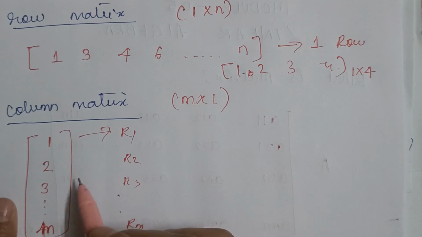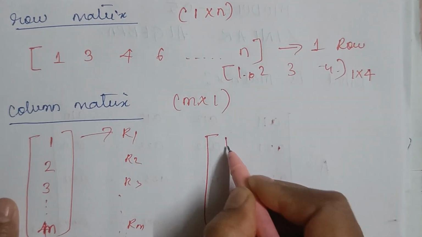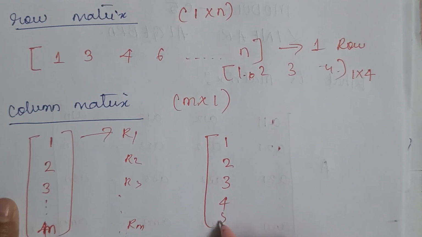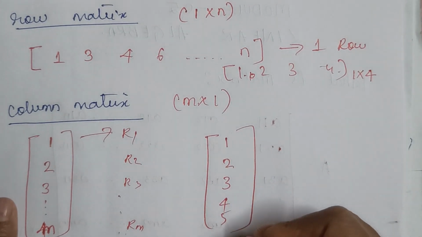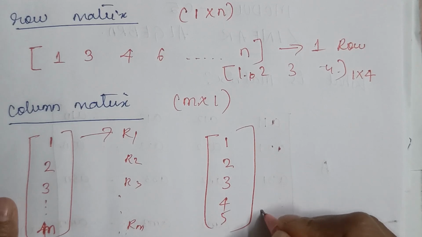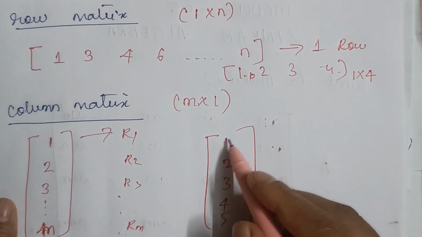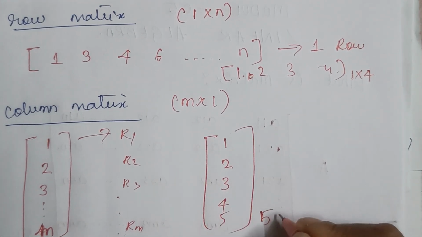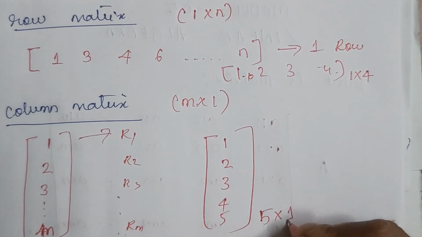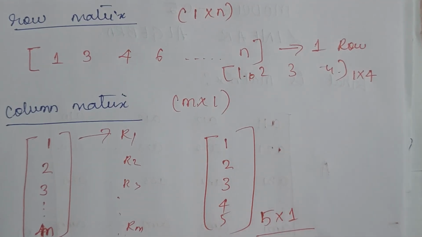So let me take a real example: 1, 2, 3, 4, 5. I have 5 rows and only one column. So 5 by 1. This is the order of the matrix.